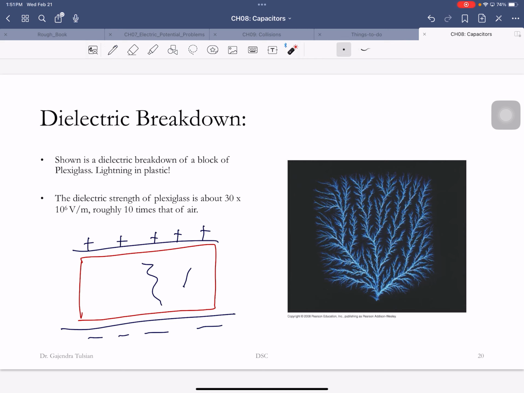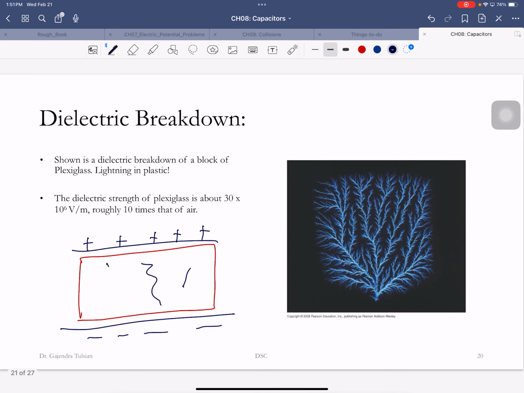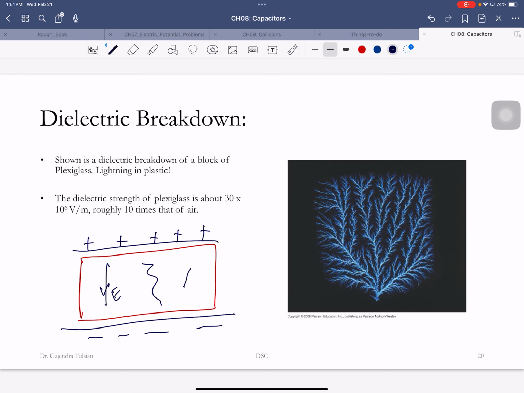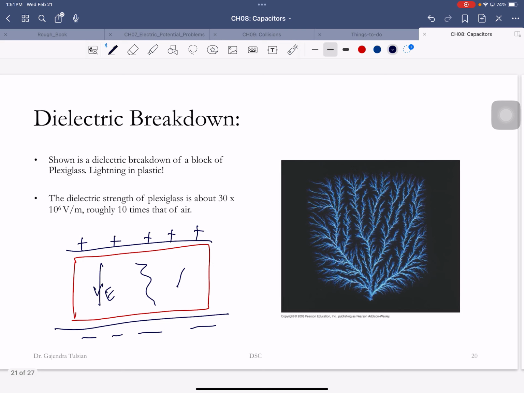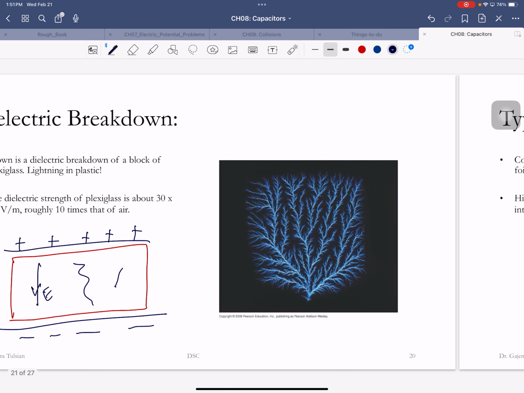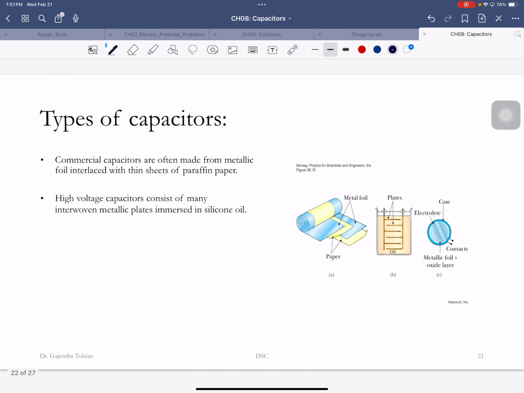So the dielectric strength of plexiglass is 30 million volts per meter, meaning the maximum electric field you can have inside plexiglass is 30 million volts per meter. Any greater and lightning will happen in plexiglass. You guys understanding this?